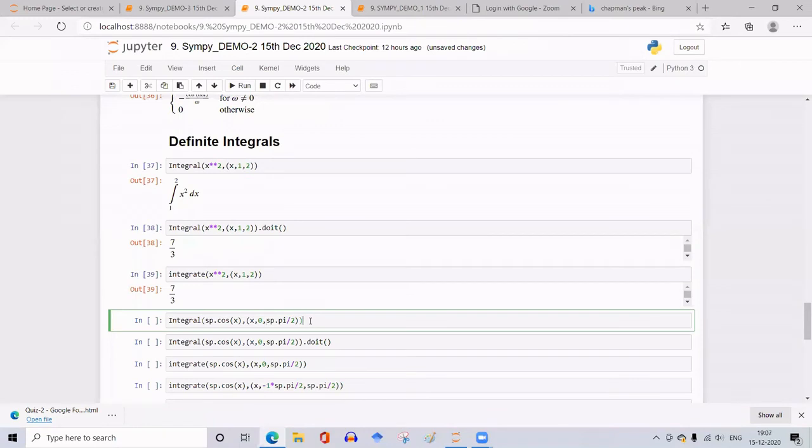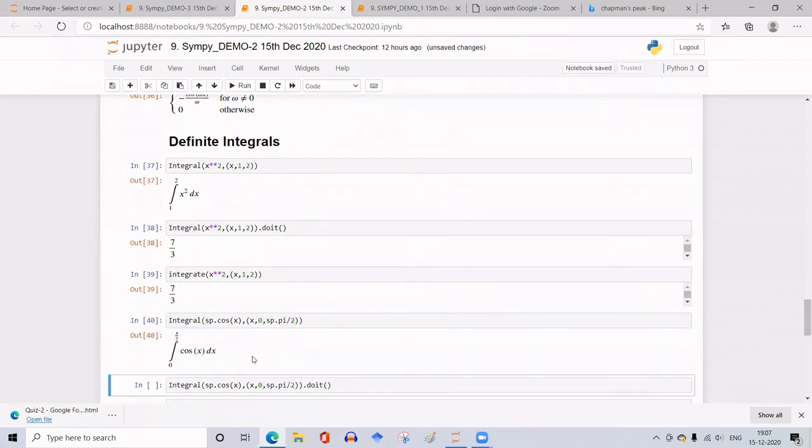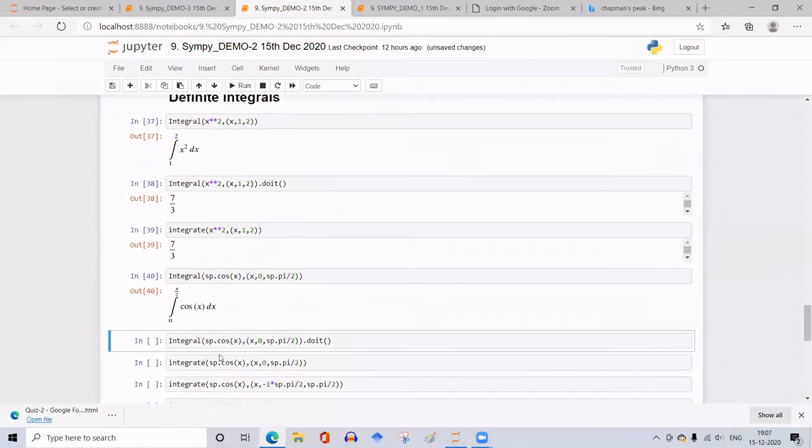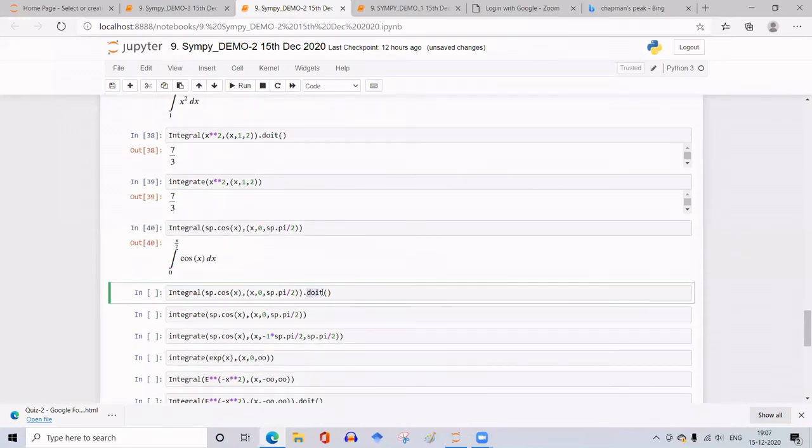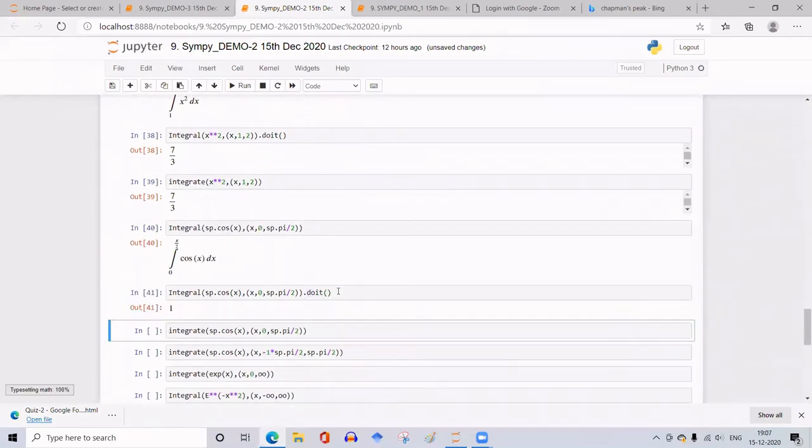And substitute the limits. First I'll get it in symbolic form because I have written Integral: integral 0 to pi by 2 cos x dx. If I evaluate it with dot doit, I'll get the answer, which will be 1.